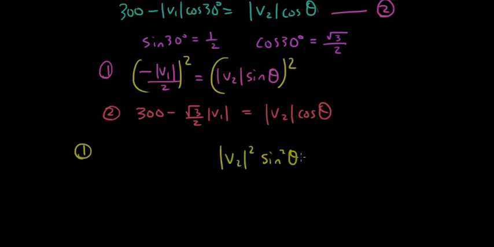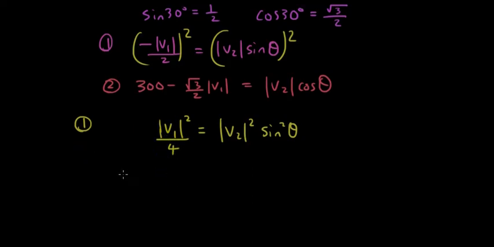Sine square theta just means sine theta times sine theta, another way of writing it. Equals the magnitude of v1 squared over 4. You're probably wondering why I'm doing that, but you'll see it in a second.